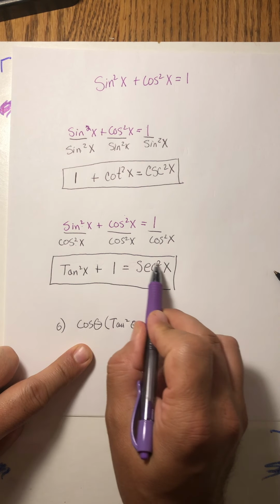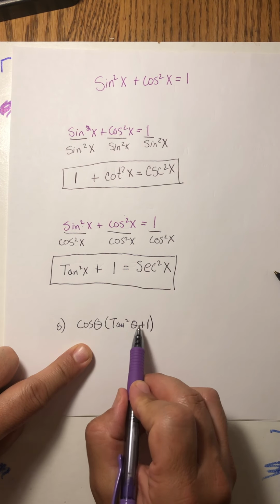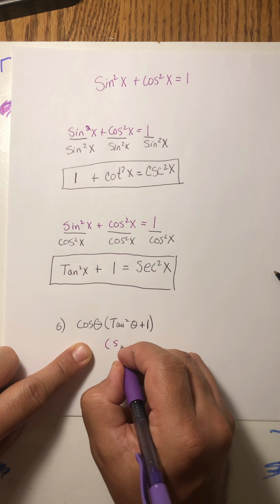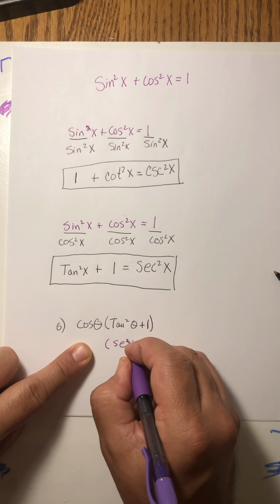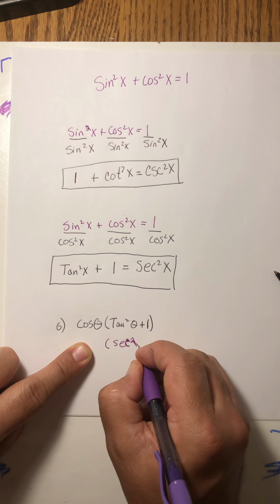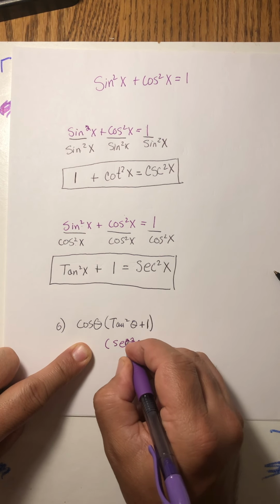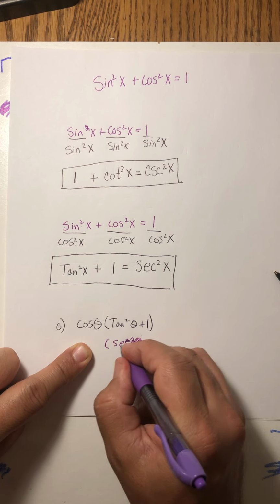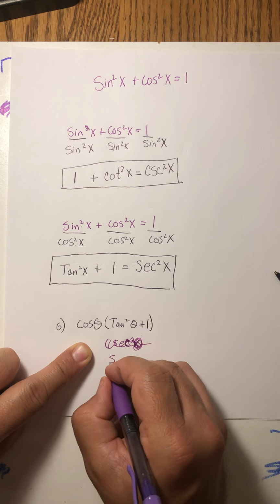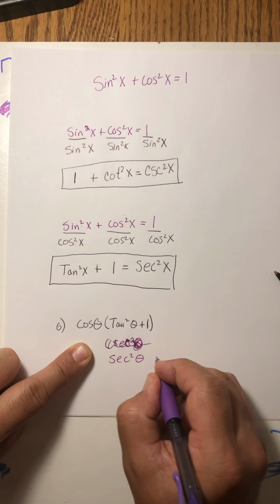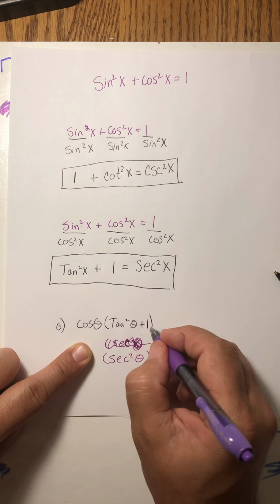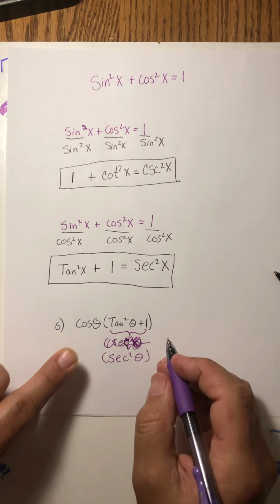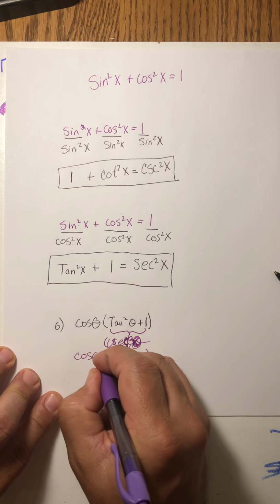This Pythagorean identity right here. Tan squared of theta plus 1 is equal to secant squared of theta. Let me just start over. So all of this right here, we wrote as that, times my cosine of theta.